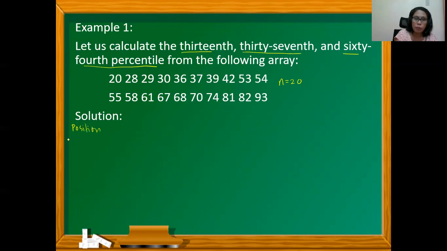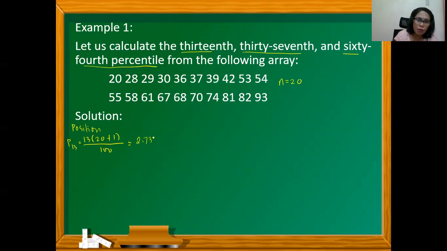So let's work with P sub 13, and this is equal to 13 times quantity n, which is 20, plus 1, all over 100. So this is 13 times 21 divided by 100. So we have the value 2.73.